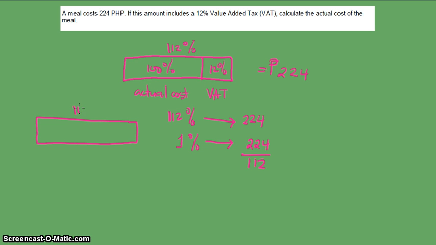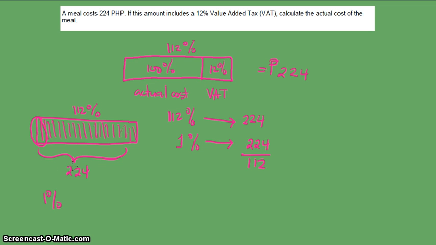This is 112%. So this amount is equivalent to 224. So if I divide this 112 times, then each small box corresponds to 1%. Given that you have 112 small boxes here, every box corresponds to 1%.